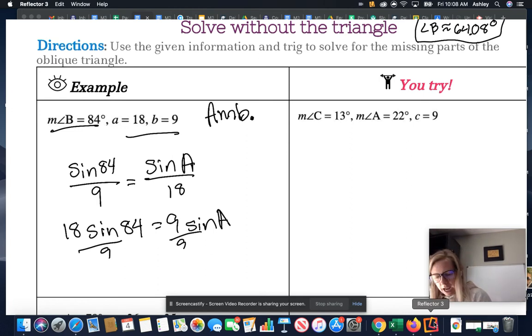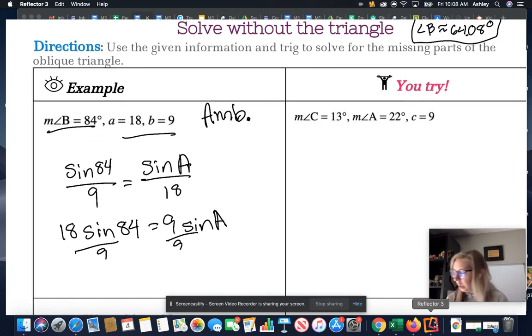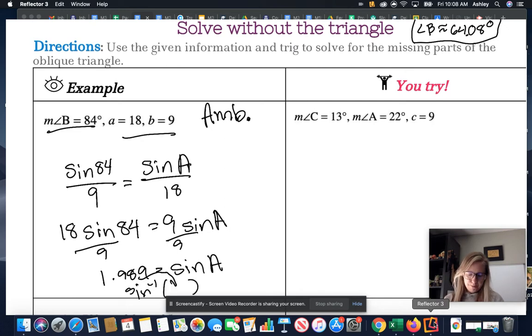Then we're going to divide by 9, so we get 1.989 blah blah is equal to the sine of A. So now we're going to do arc sine, or sine to the -1, of that value, and that'll give us the value of A. So arc sine of my answer, and my calculator says error.